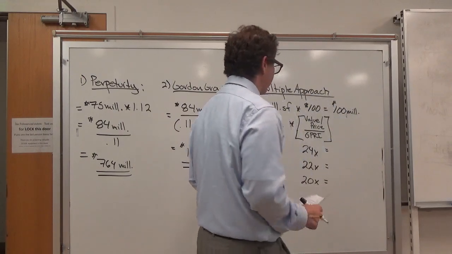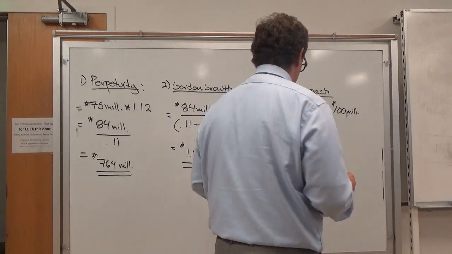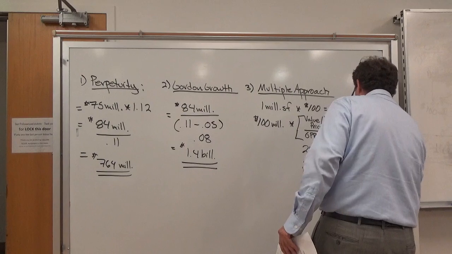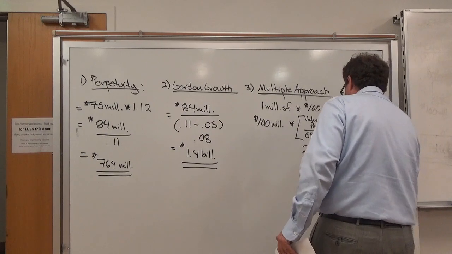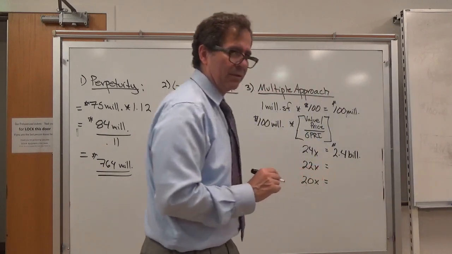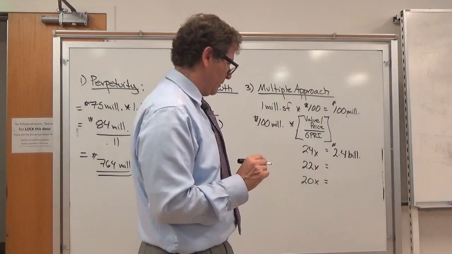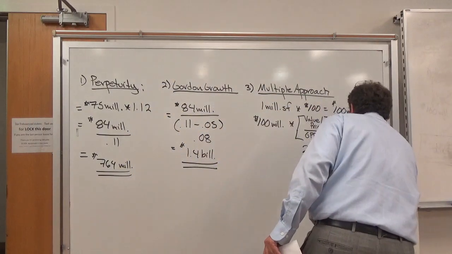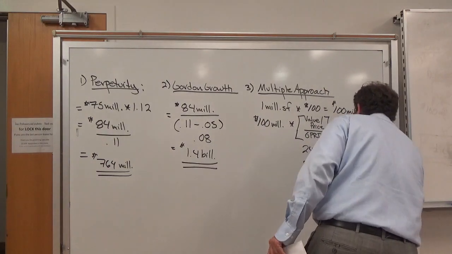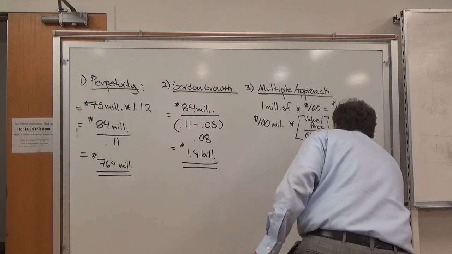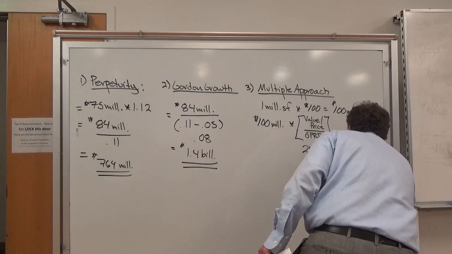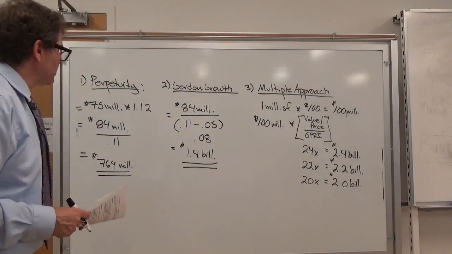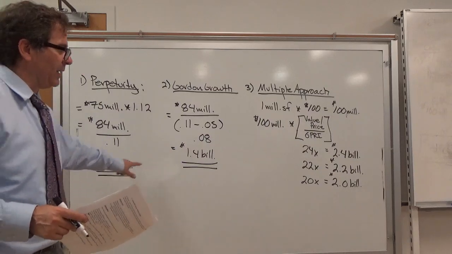So that's pretty straightforward, isn't it? It's 100 million times 24. Is that right? 2.4 billion, 2,400 million? This one's going to give us 2.2 billion. This one's going to give us 2 billion. A little bit higher, significantly higher than these.